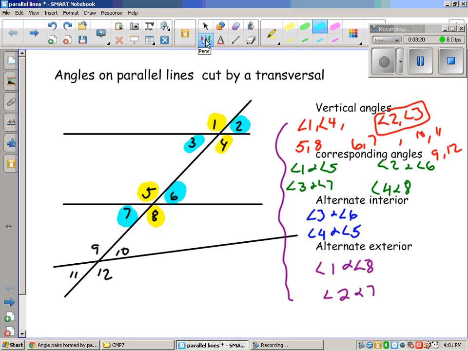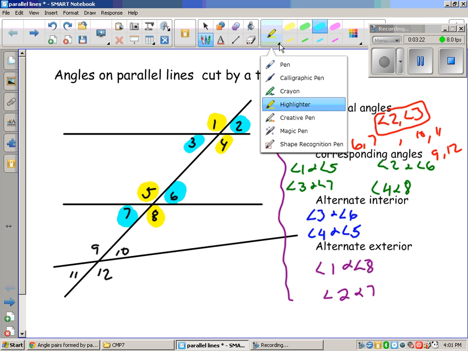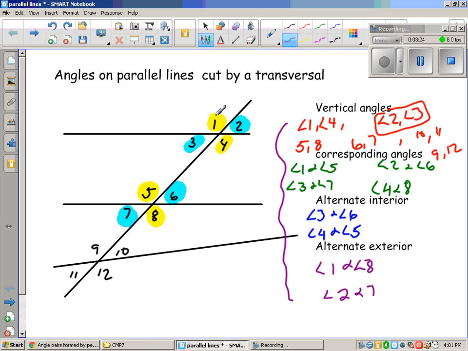So for instance, if I tell you that angle 1 is 100 degrees, that means that this straight angle, angle 1 and angle 2, are supplementary, so they add up to 180 degrees.